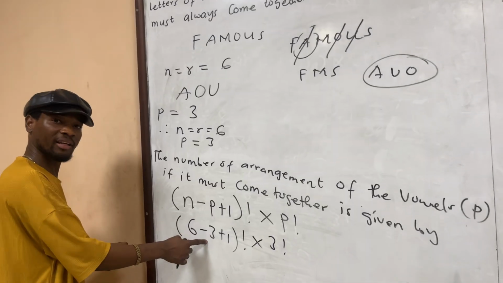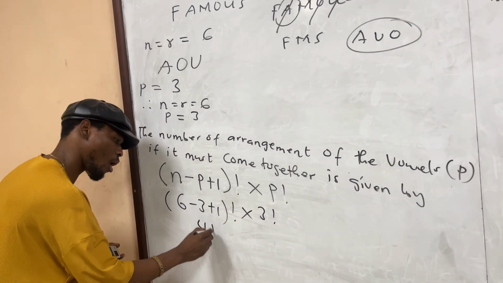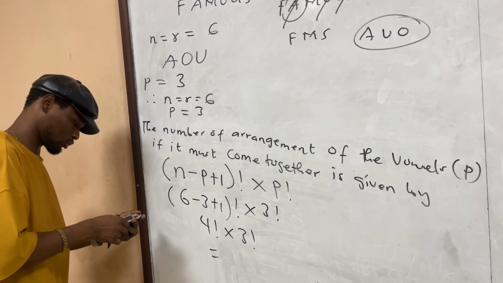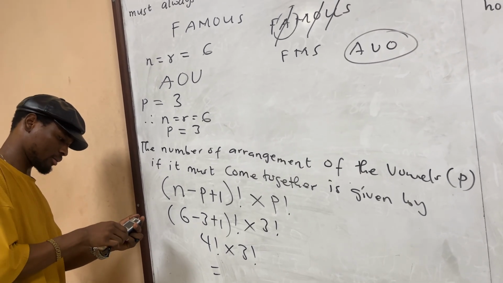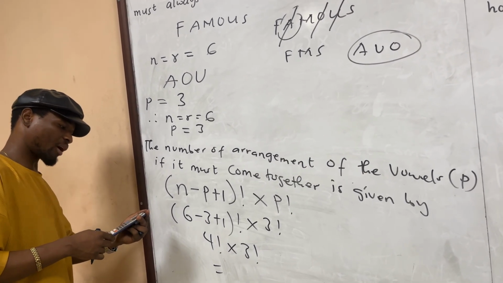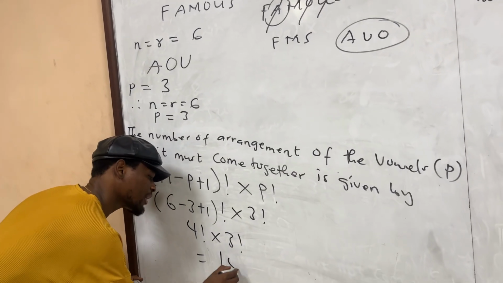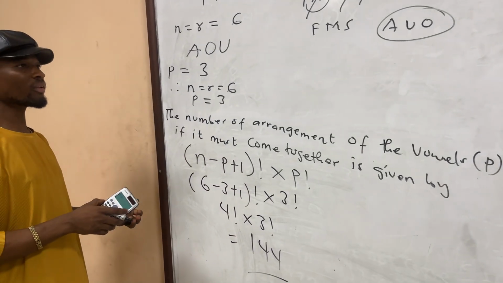So 6 minus 3 is 3, plus 1 is 4 factorial, times 3 factorial. By the help of the calculator, 4 factorial multiplied by 3 factorial gives us 144. As simple as that.